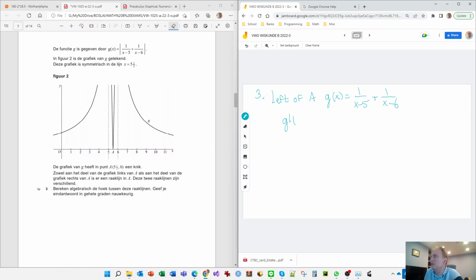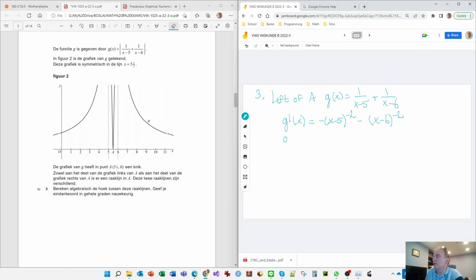g'(x) is, using the chain rule again, minus (x minus 5) to the power minus 2 minus (x minus 6) to the power minus 2.